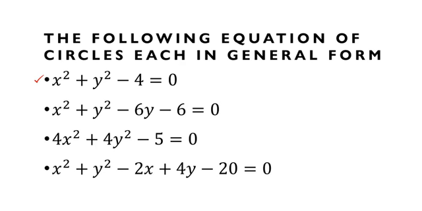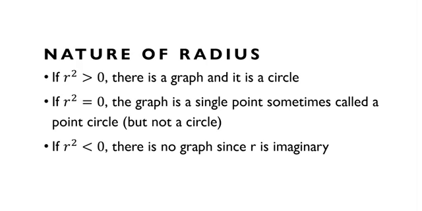Here is another general form. For number 3, 4x squared plus 4y squared, this one is also a circle. However, as I said earlier, we're used to seeing it in this form wherein the x squared and y squared coefficients are equal to 1. So this one, just divide everything by 4. So that becomes 5/4 equals 0. It's basically just the same. Let's go to the next page.